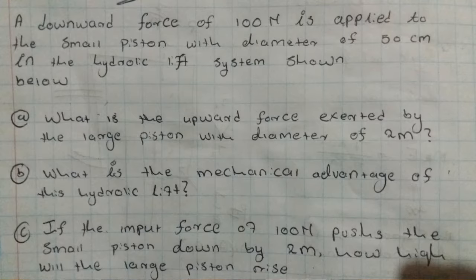Question A: what is the upward force exerted by the large piston with a diameter of 2 meters? Question B: what is the mechanical advantage of this hydraulic lift? Question C: if the input force of 100 newtons pushes the small piston down by 2 meters, how high will the large piston rise?